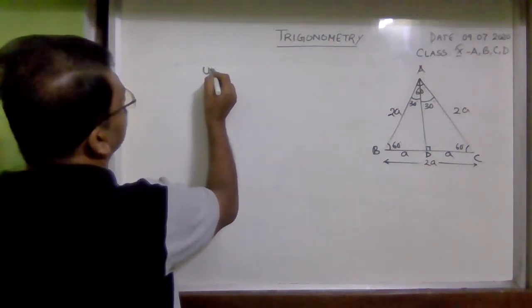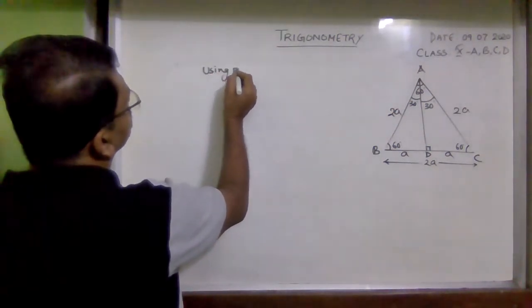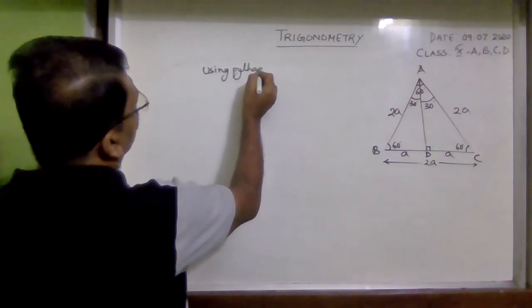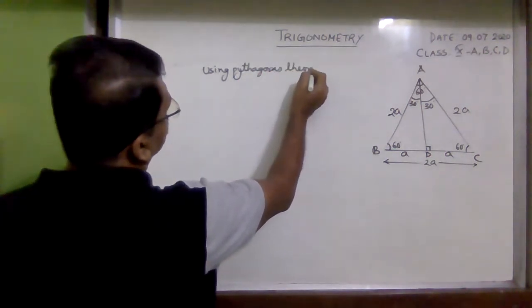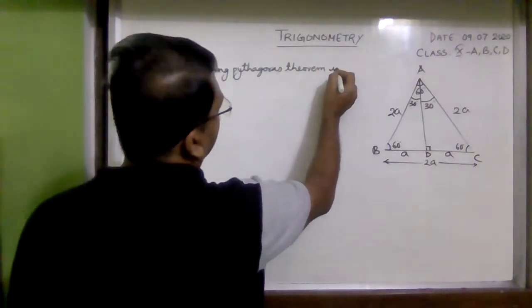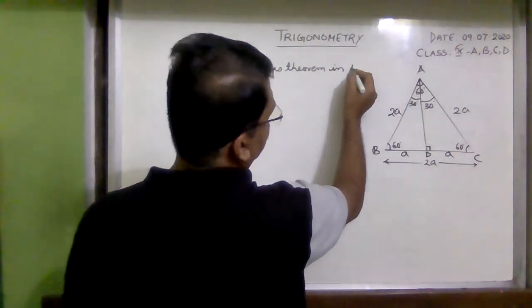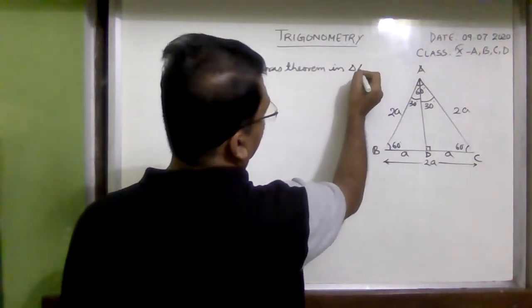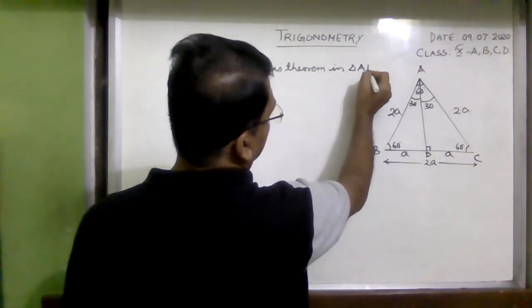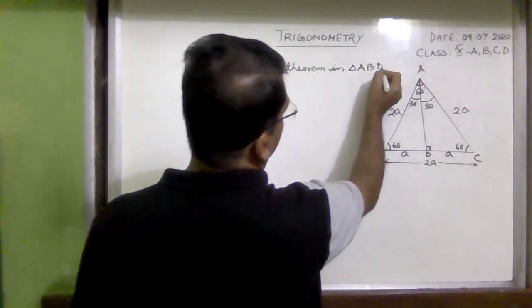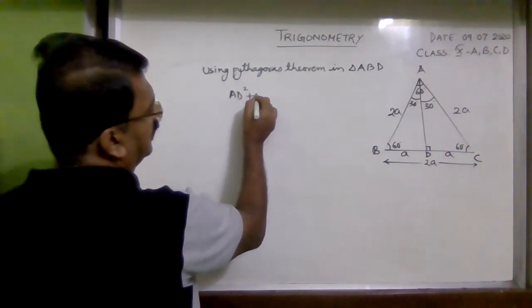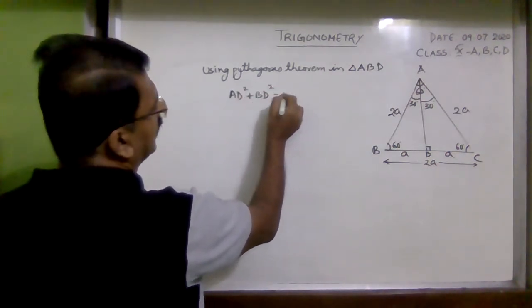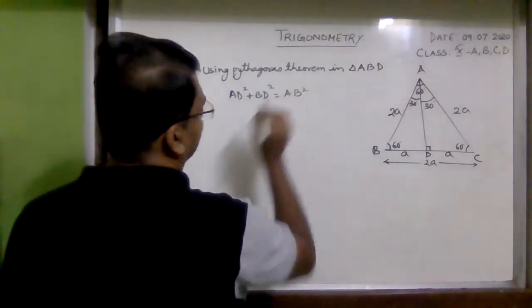So using Pythagoras theorem in triangle ABD, AD square plus BD square is equal to AB square.